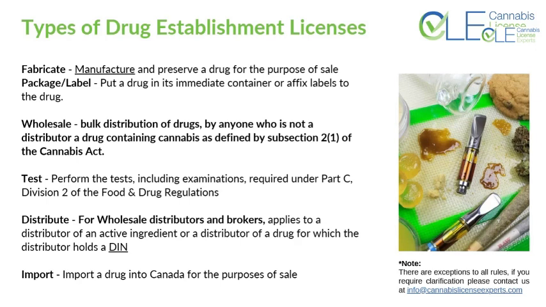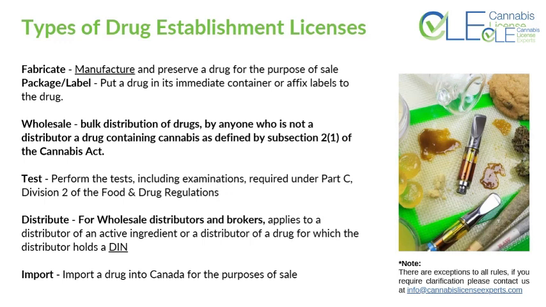You could have a distribution license, which is for wholesale distributors and brokers who are not packaging their product and are solely acting as a transportation hub for international trade, and then import.